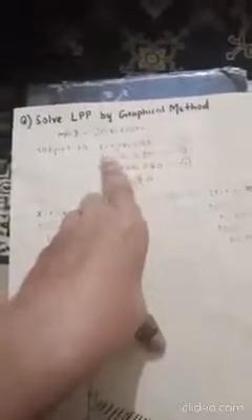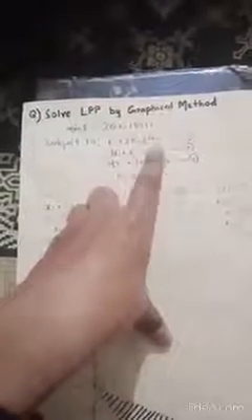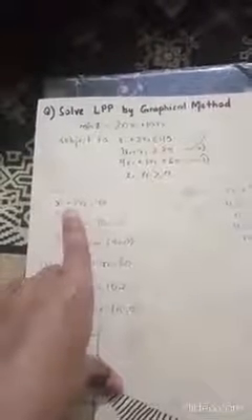I consider the first inequality, x1 plus 2x2 is less than or equal to 40, and I have written it as x1 plus 2x2 equal to 40 to make it an equation for finding the coordinate points. Firstly, I put x1 equal to 0. By solving this, I got x2 equal to 20.